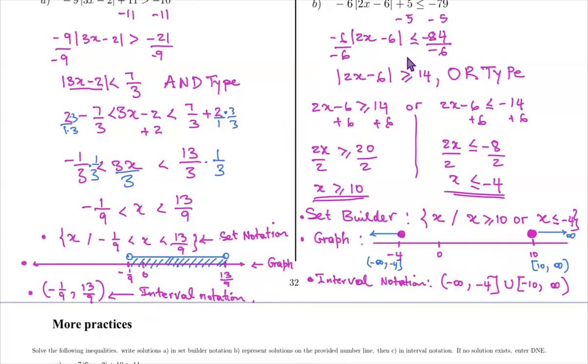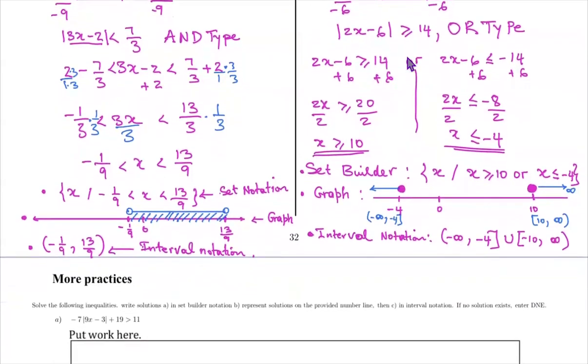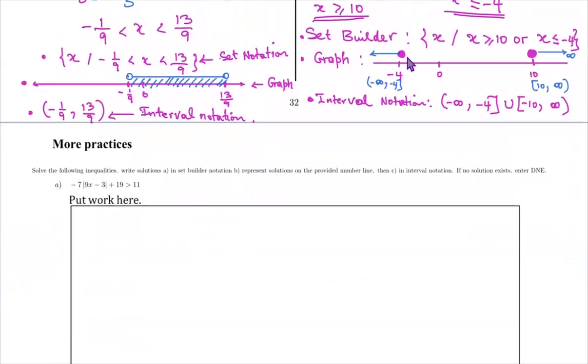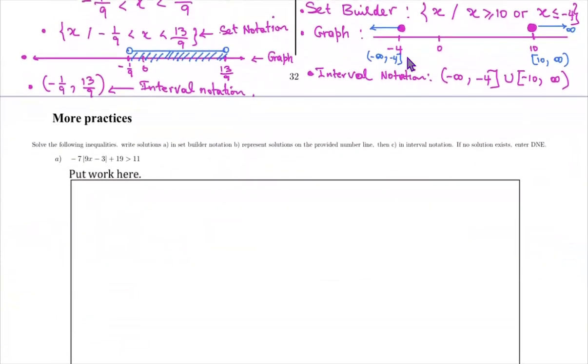Now we have more practice, of course, that we can play with. Let's go ahead and play with them. We will present the solutions in the required format. Obviously, they say interval notation, number line, and then set builder.